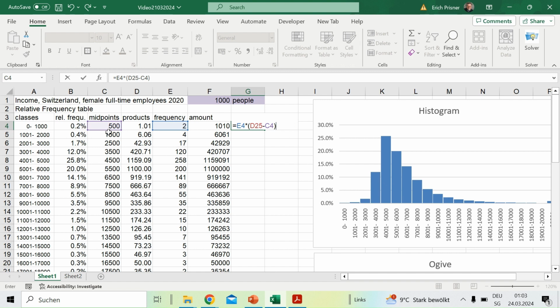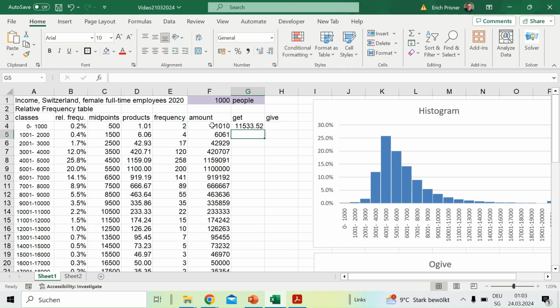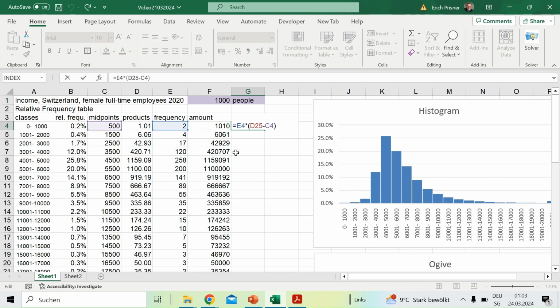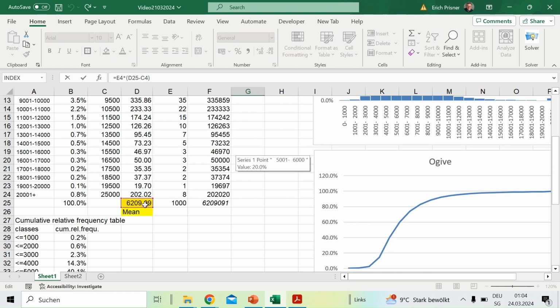Now, maybe I release it first and you see it's 11,000, so they get a lot. But let me go back into the formula. Do we need any absolute referencing here? Well, E4 is good because in the next class we look at E5. C4 is good because it should be C5, but D25 should be D25 throughout.